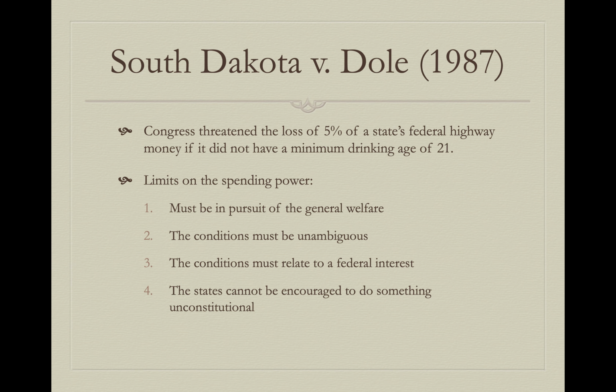But through the use of the spending power, and the New York court said this, Congress can achieve that same goal through this mild encouragement. Right? So Congress can't force the state of South Dakota to do this, but they can try to persuade them by offering them money.